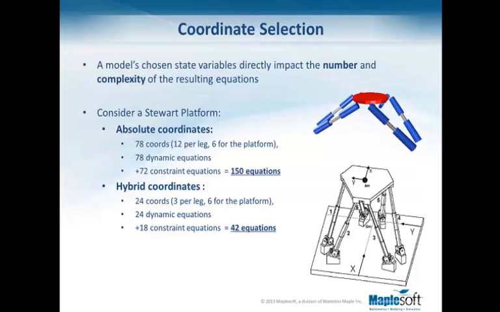And 42 equations is all it needs to represent the system, and eventually needs to deal with when solving or integrating the system. So with that, the first step is better modeling. Just by selecting a better set of coordinates, we will deal with a smaller equations representation of our system.